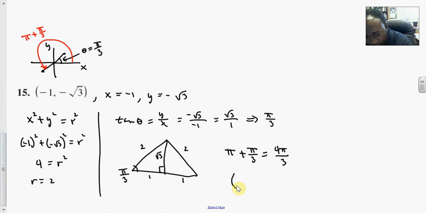So the point there in terms of polar coordinates would be here, the resultant r is 2, and then this angle here is 4 pi over 3. And then if we do the opposite translation, we get negative 2, and then the angle there is pi over 3.